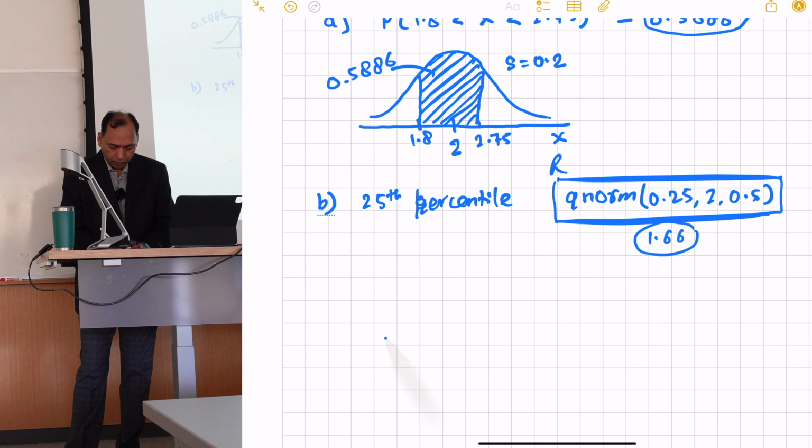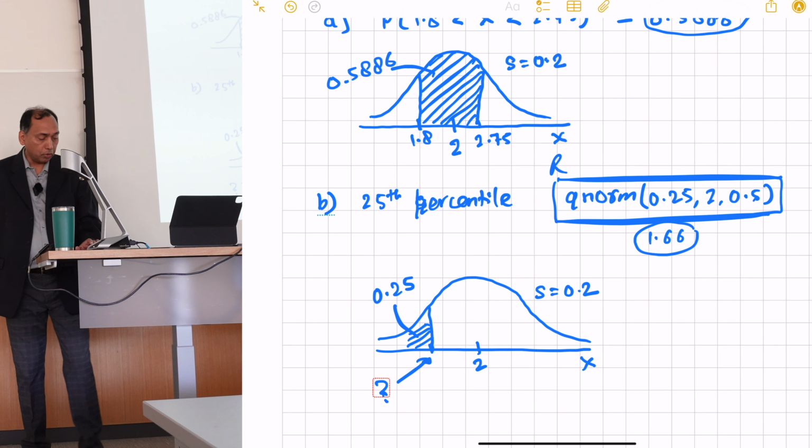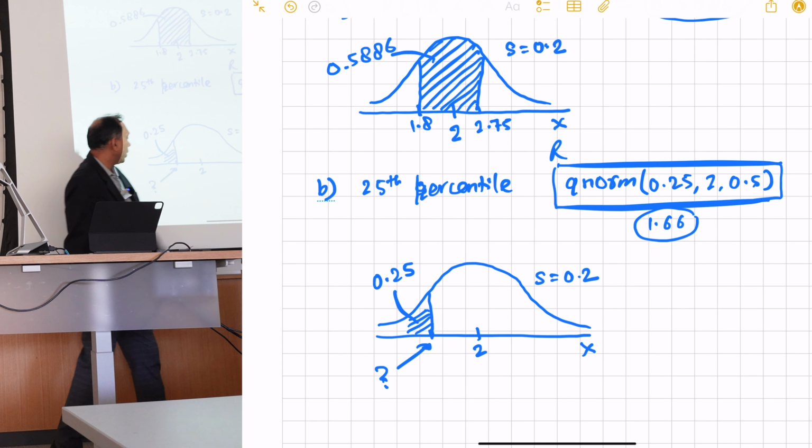For completeness, if you make this picture, 25% is obviously to the left of 2. So this area was given as 0.25, and we wanted to figure out how much is this. So that was our question mark that we calculated and got 1.66.